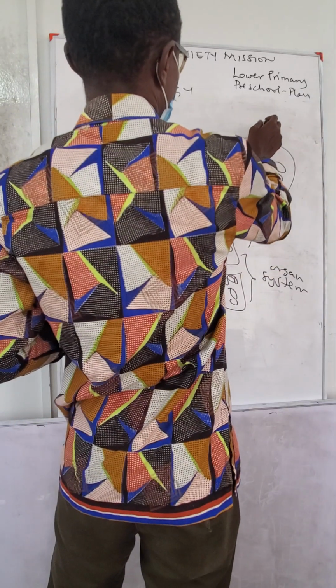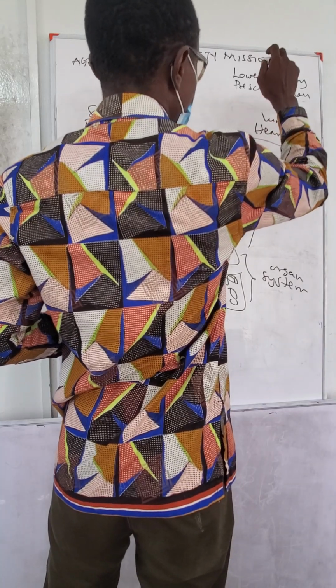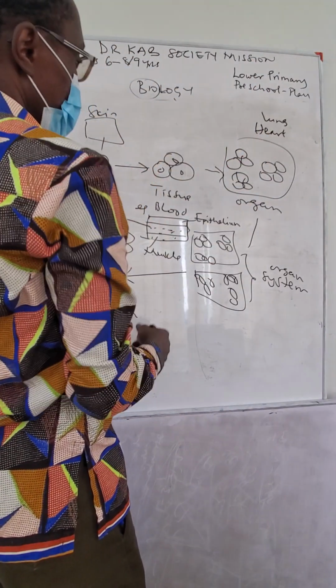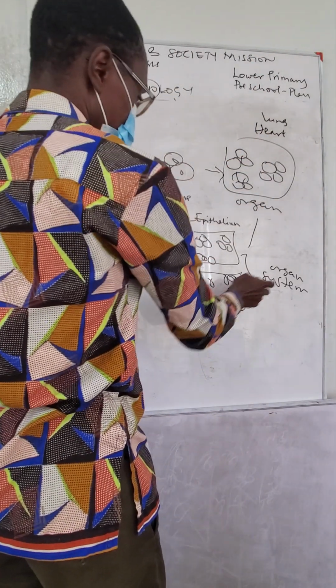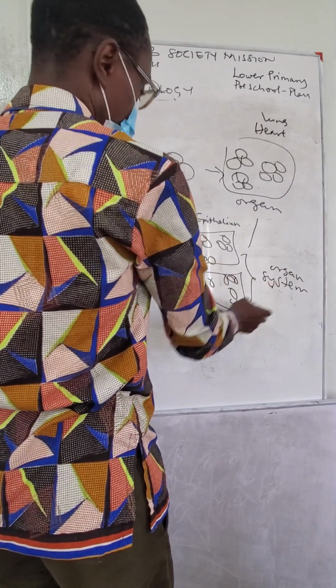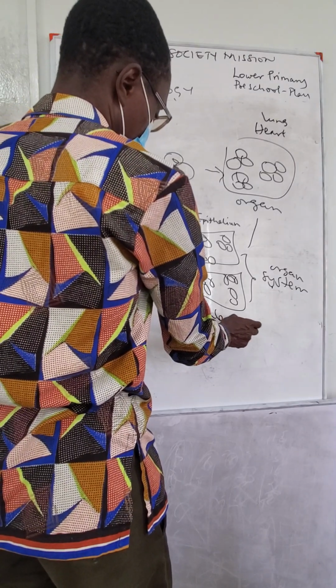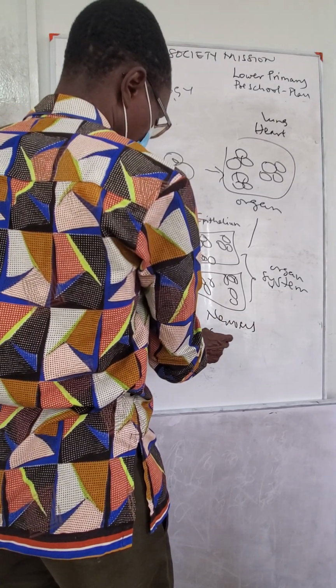In the organ, you can have the heart, our heart beating, and our lungs breathing. Coming to the system, we can have the cardiovascular system and the nervous system.